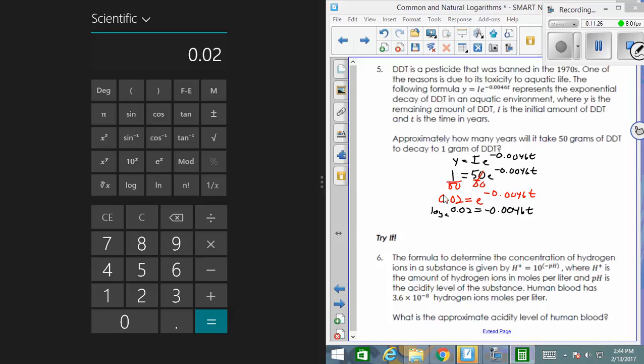A log base e is the same as the natural log of 0.02. So let's do that. Take the natural log of 0.02, we get that number. But then we've got to divide it by what's in front of t, which is negative 0.0046. And we get that t is approximately 850.44.